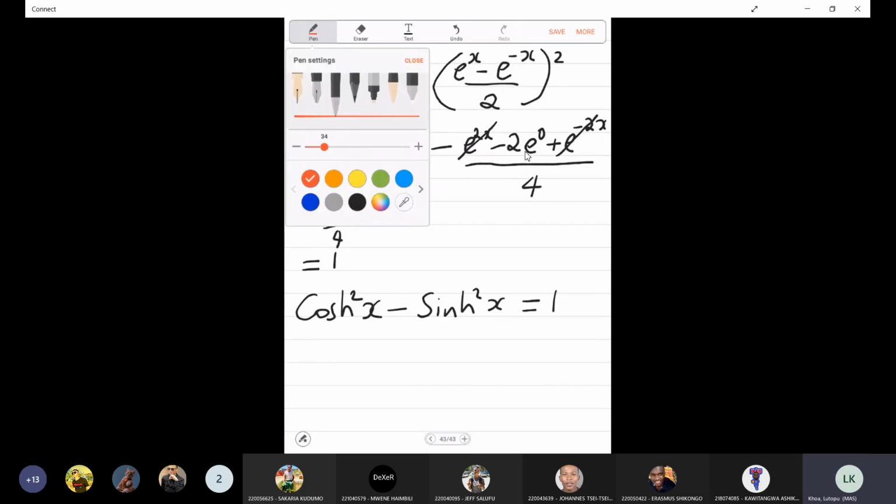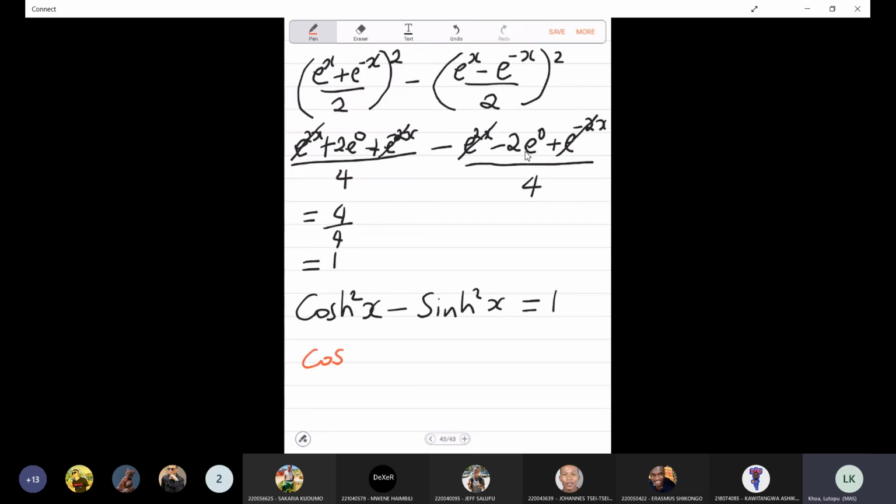And you can relate this one to cos squared x plus sine squared x is equal to 1, if you remember that. So different because the sign over here you have positive, and over there it is negative, but they are both equal to 1.